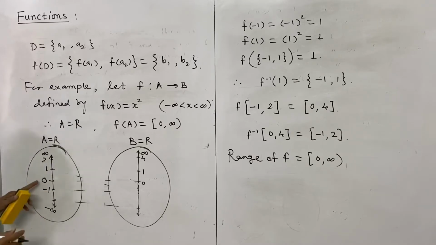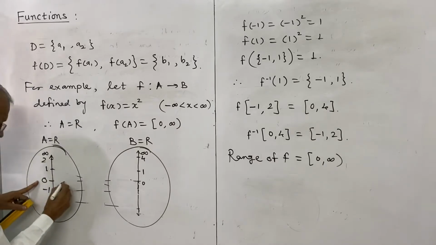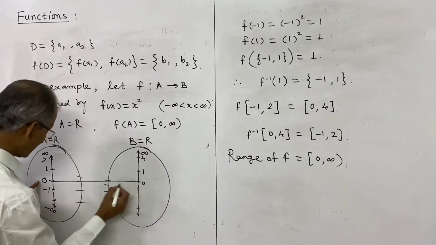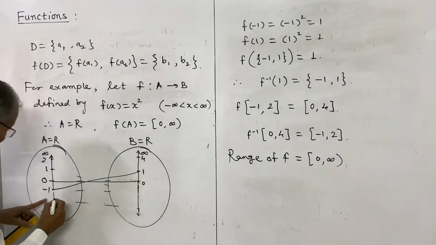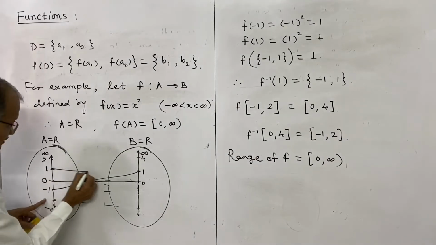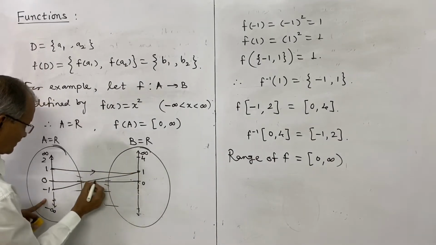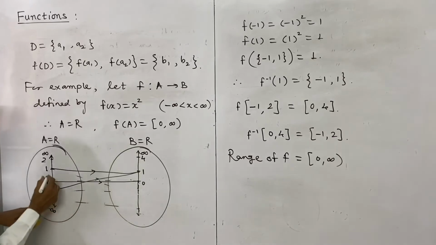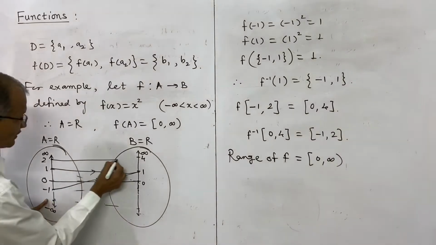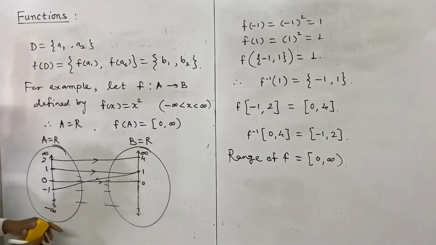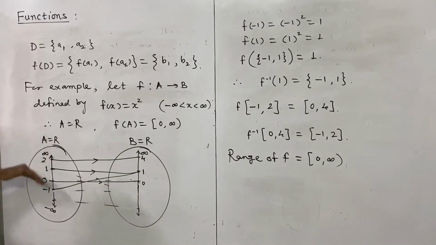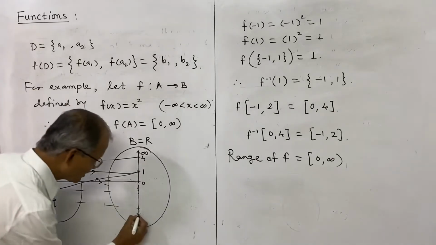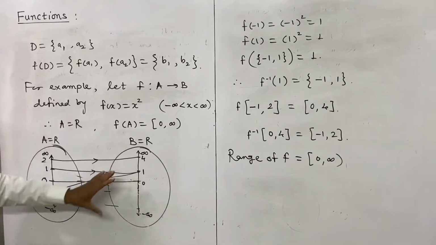And see, the image of 0 is 0, the image of minus 1 is 1, the image of 1 is again 1, and the image of 2 is 4. So this will be the corrected figure. What we had done earlier was an interchange of positive and negative real numbers.